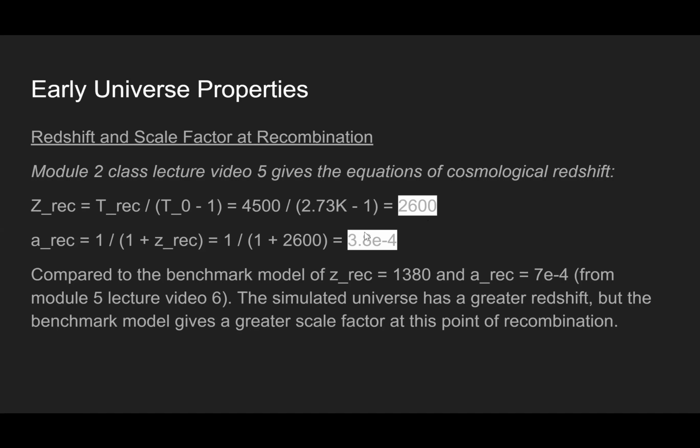And then moving on to the scale factor at recombination, that's just going to be 1 divided by 1 plus the redshift at recombination. Plugging that in again, you get 3.8 times 10 to the negative 4.